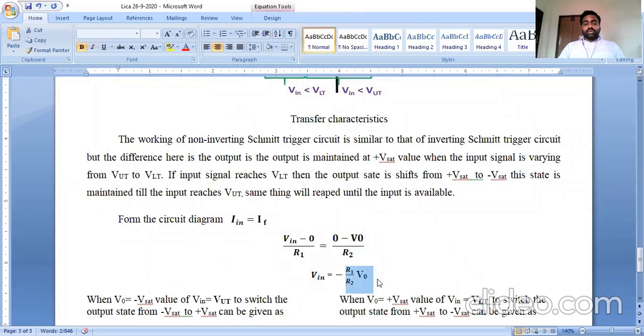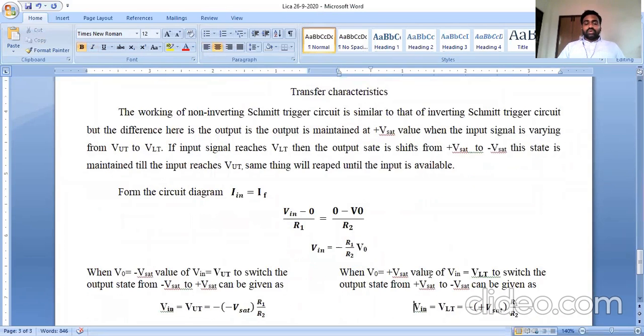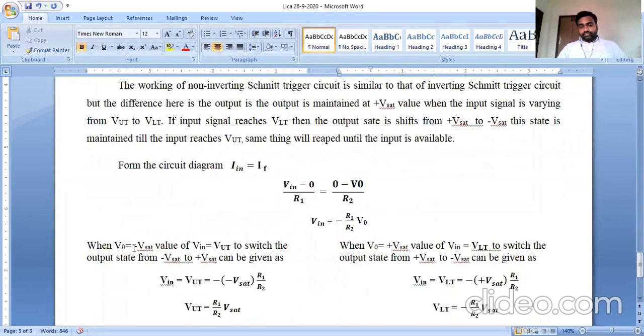From the drop across the two resistances, V input is equal to minus of R1 divided by R2 into V0. That means when the output voltage is minus Vsat, and the input voltage comes in contact with the upper threshold value, the input voltage is the upper threshold value and the output voltage is minus Vsat. So V upper threshold is equal to R1 divided by R2 into Vsat.